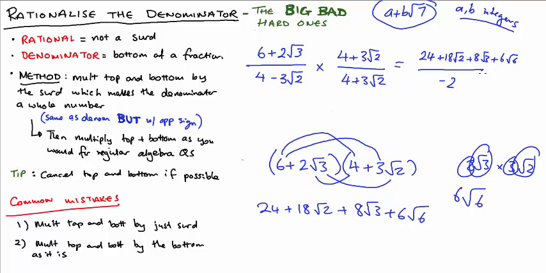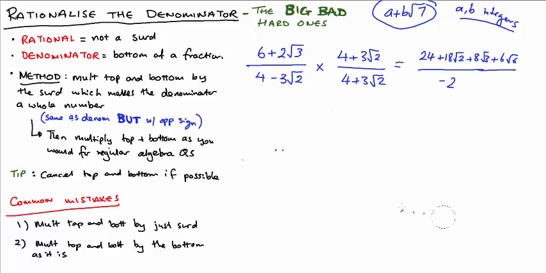You might notice here that all of these numbers on top go into 2, so you can factorize the top with 2 out. Obviously you're going to try and cancel it with that. If you didn't see that, don't stress this too much.